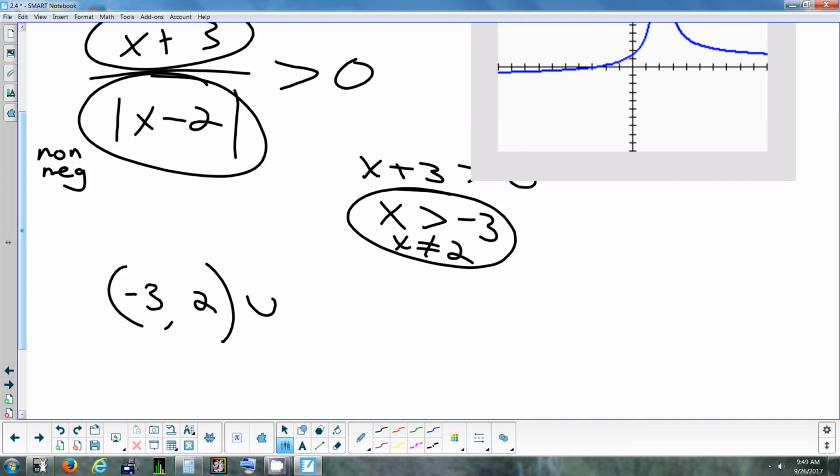Greater than 2, so from 2, not including it, up to infinity. That's how you would write what we just wrote up here as an interval. Any questions on that?